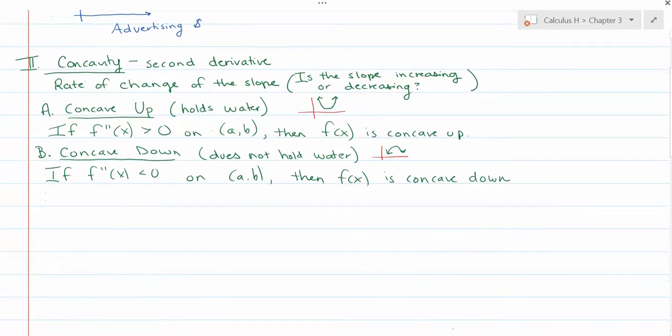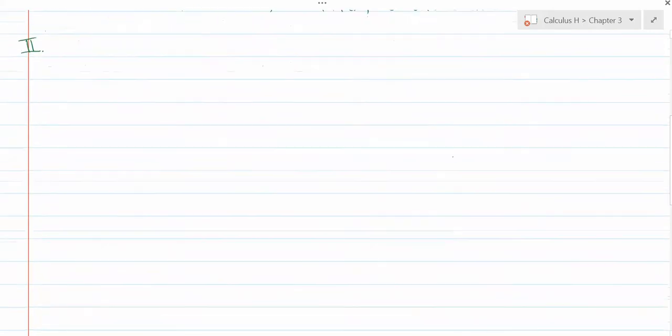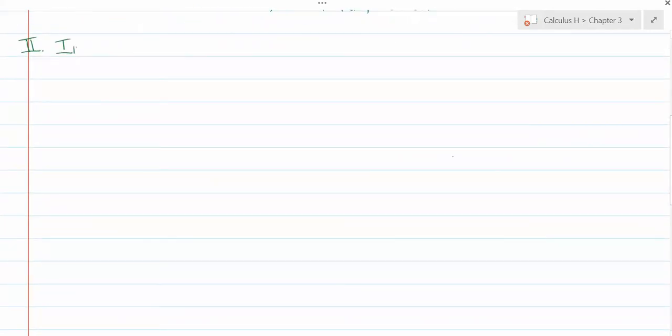With concavity, that should be Roman numeral 1. The second point underneath this is inflection points. The basic idea of an inflection point is a point where the concavity changes.